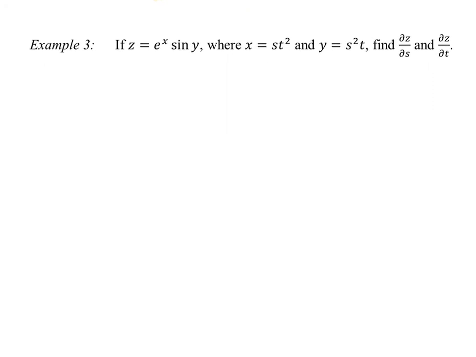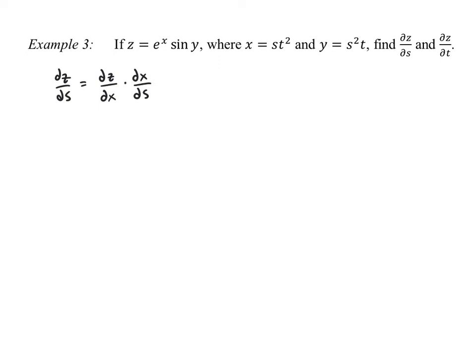So we're going to calculate both dz/ds and dz/dt. You can refer to the tree diagram that we just drew out. Here's our formula for the first one: dz/dx multiplied by dx/ds plus dz/dy multiplied by dy/ds. So that's what I'm going to set up for my very first one.